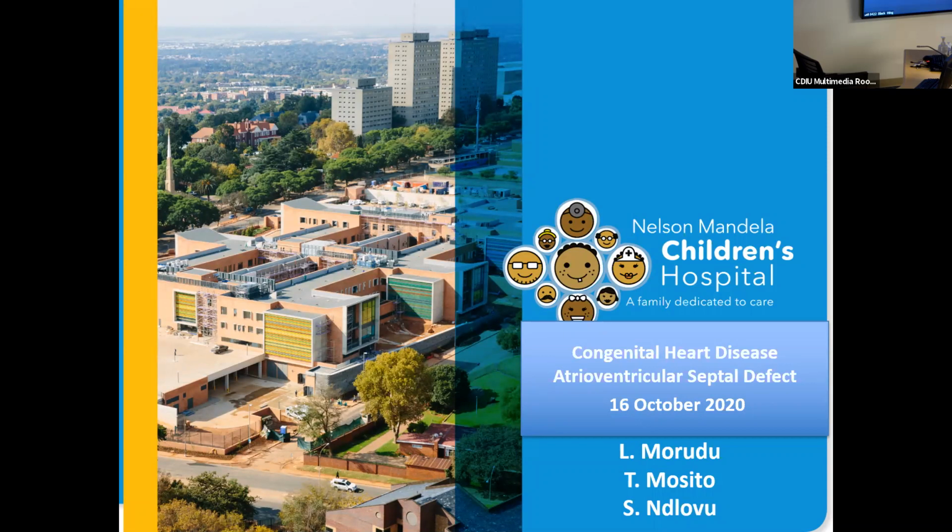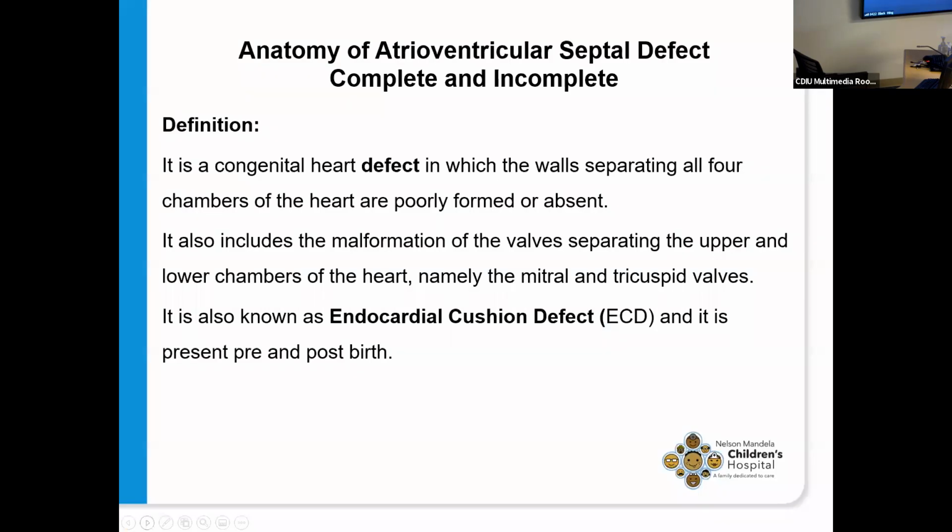We started by defining what is atrioventricular septal defect. It is a congenital heart defect in which the walls separating all four chambers of the heart are poorly formed or are absent. That includes the malformation of the valves that separate the upper and the lower chambers of the heart, which are the mitral valve and the tricuspid valve.